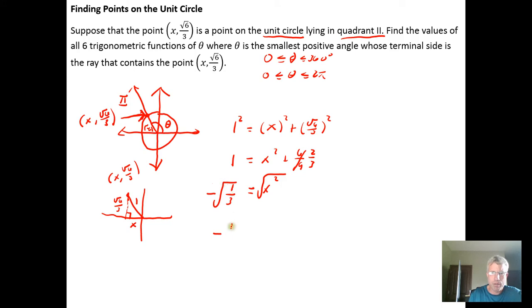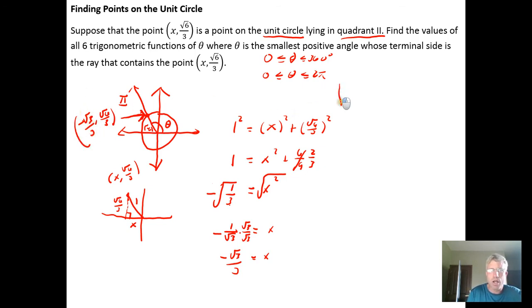Square root of 1 is 1. Square root of 3 is already in simplified radical form. This is x, and if you want to, you can rationalize this. Again, I don't think that you need to, but you can. So we get negative root 3 over 3 as our x coordinate right here.